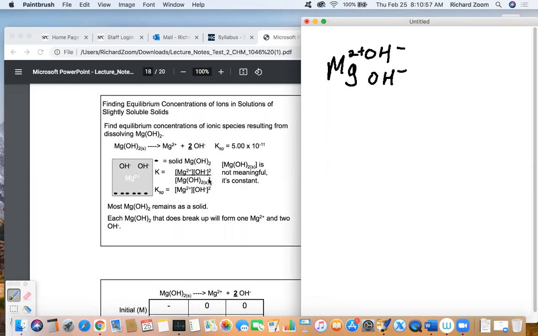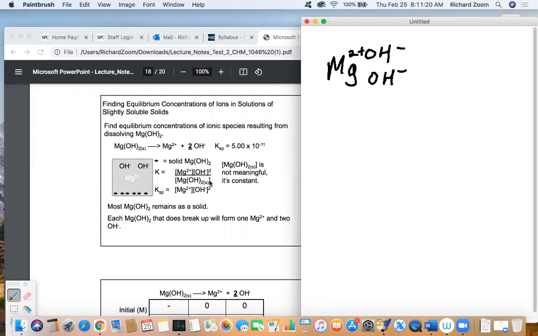So when we're looking at the K expression, you can see it would be [Mg2+][OH-]^2 over the concentration of Mg(OH)2 solid. This is just products over reactants. The actual concentration of a solid, though, is not particularly meaningful because it's not dissolved in solution.